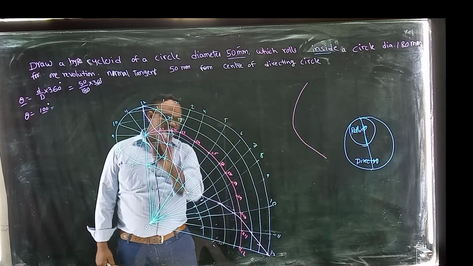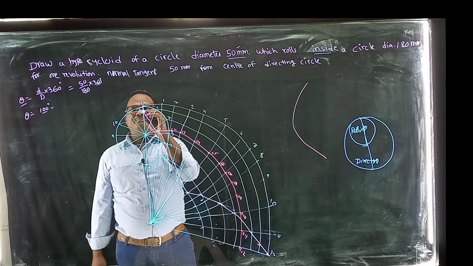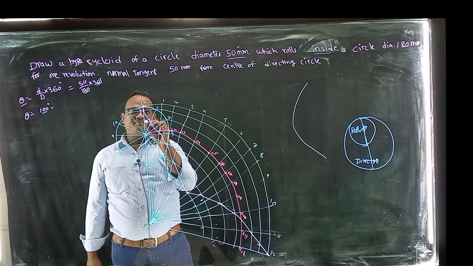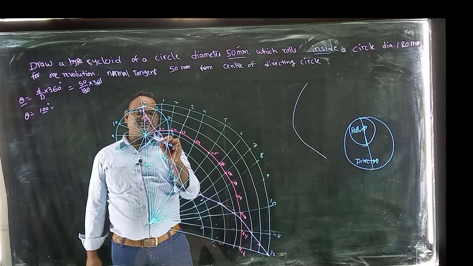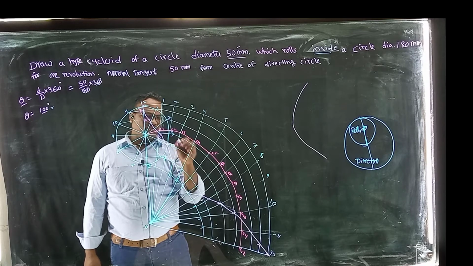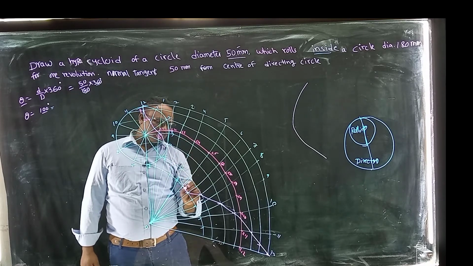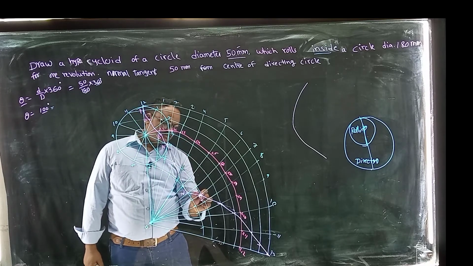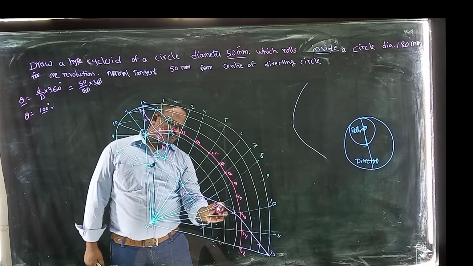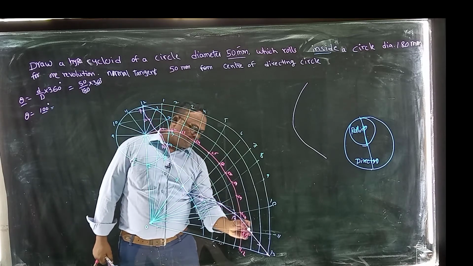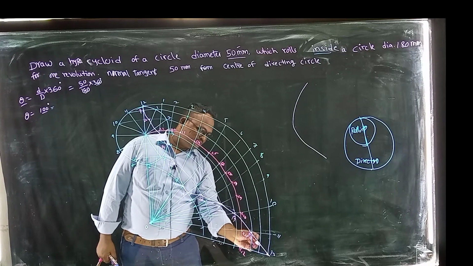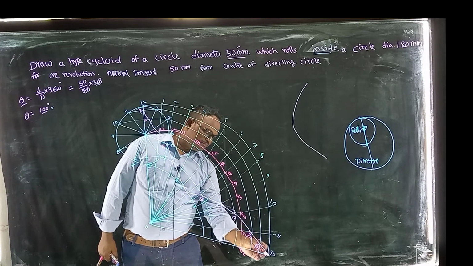This is the output: P1, P2, P3, P4, P5, P6, P7, P8, P9, P10, P11, P12.